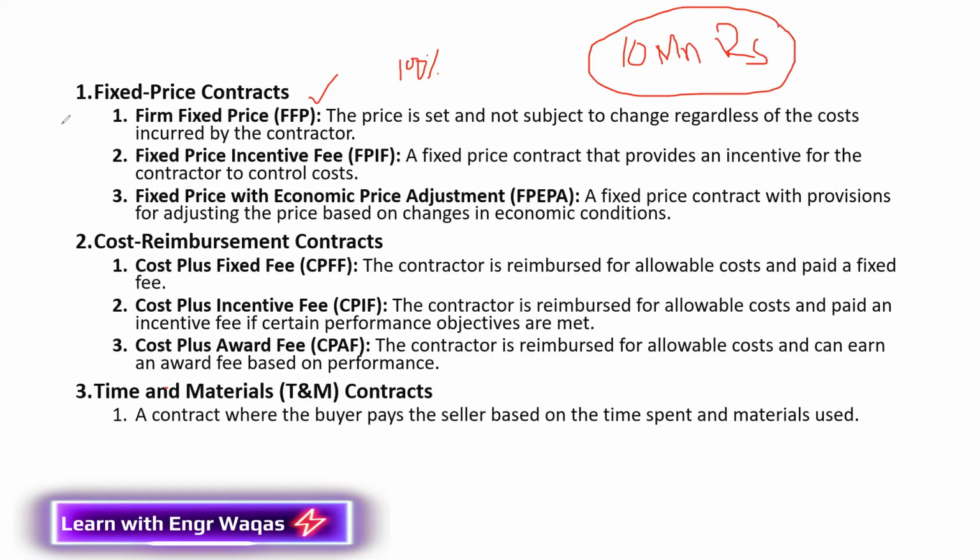Under a firm fixed price contract, it should be constructed at this price. If the contractor is going to spend 11 million, this extra 1 million is his headache, not mine. If he is going to complete it in 8 million, then it is his profit. But it is not that to complete the project within 8 million, he has to compromise on quality. He has to deliver fixed scope, fixed cost, with the quality required by the client, right? So this is fixed price.